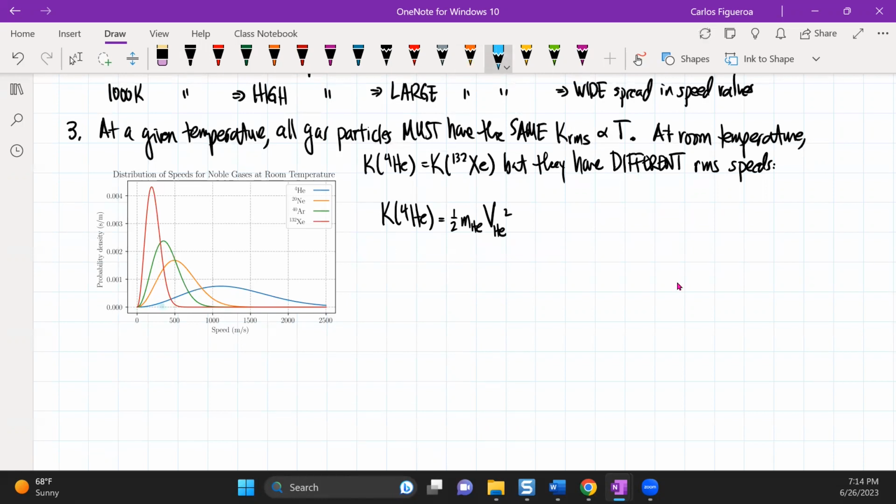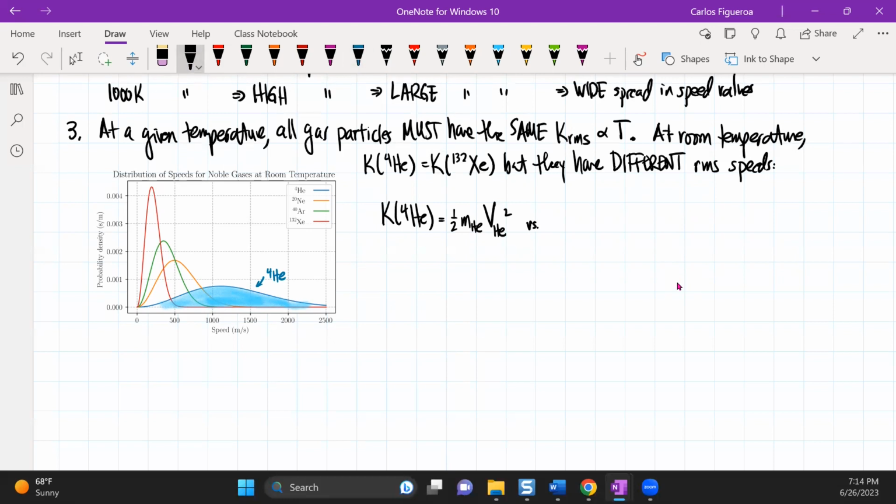So let's highlight this. This guy right here is helium-4. And you can see that because it has a high RMS speed, the curve is lower and spreads out. So there's a wide variety of speeds here.